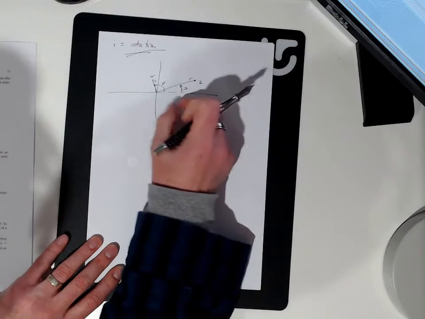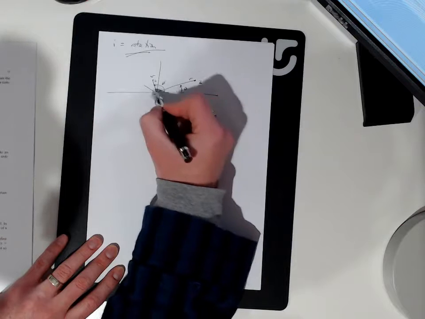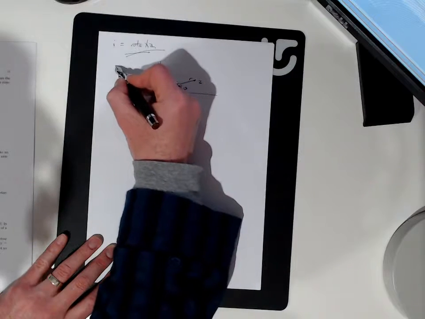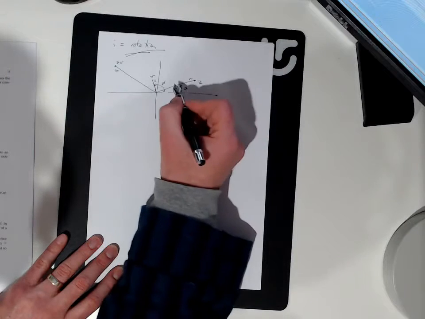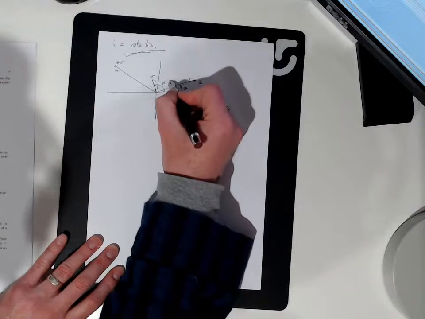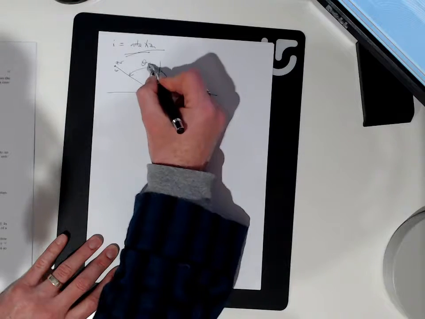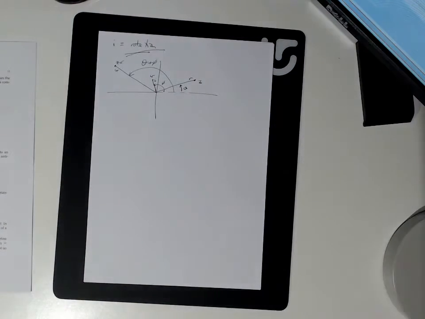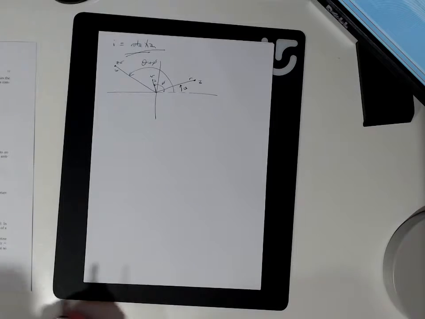Then we want to add the two bits on, so let's say it's about there. Then we multiply s and r. So the length is sr, and the angle is theta plus phi.